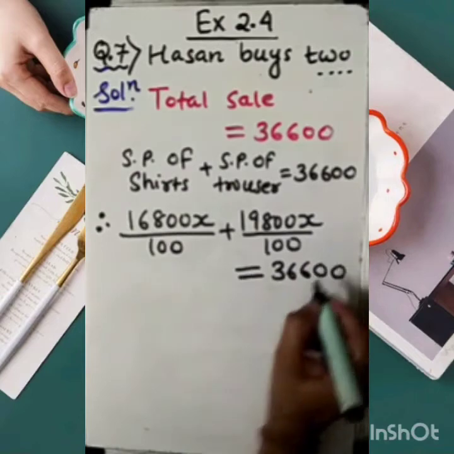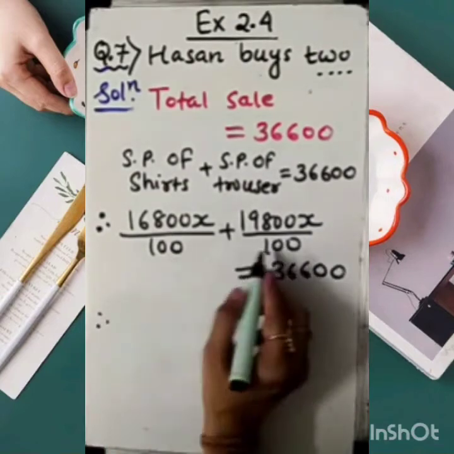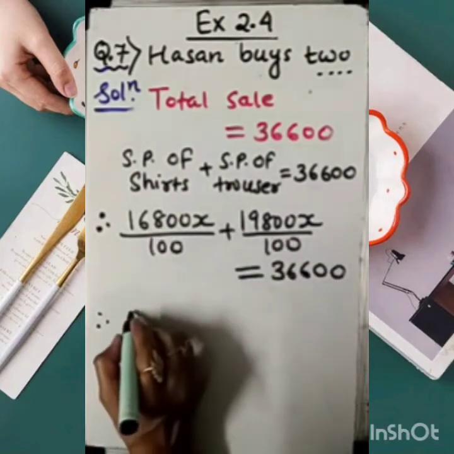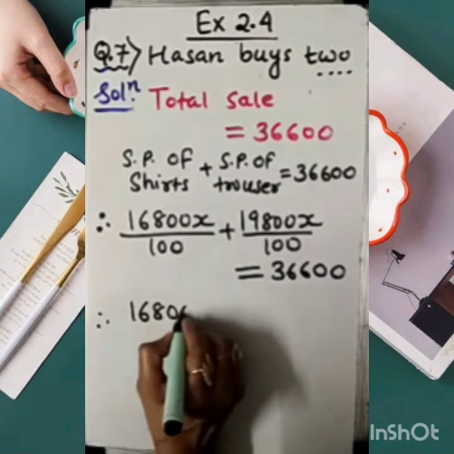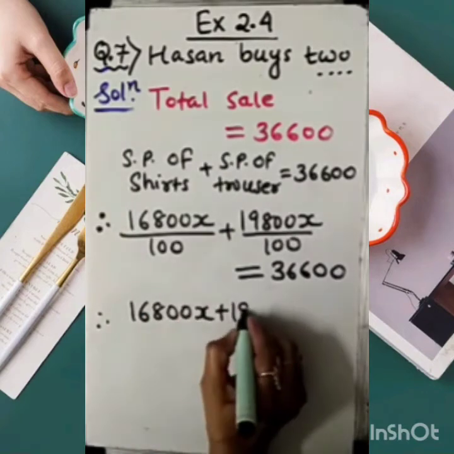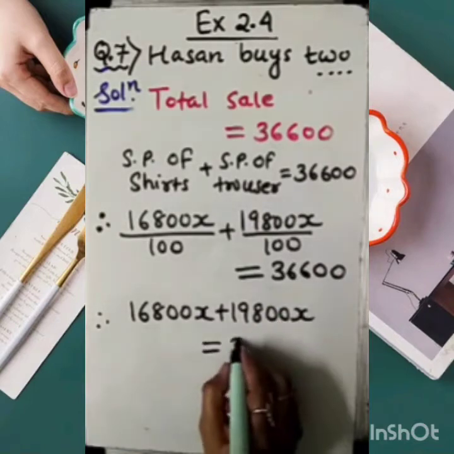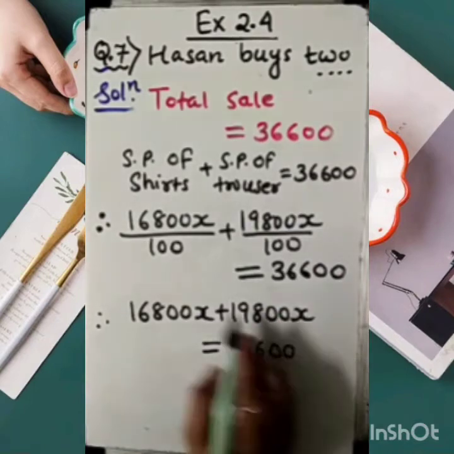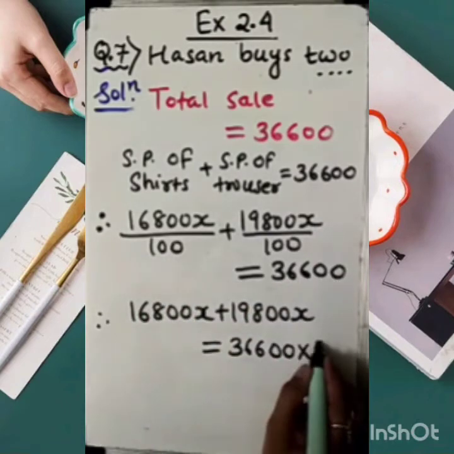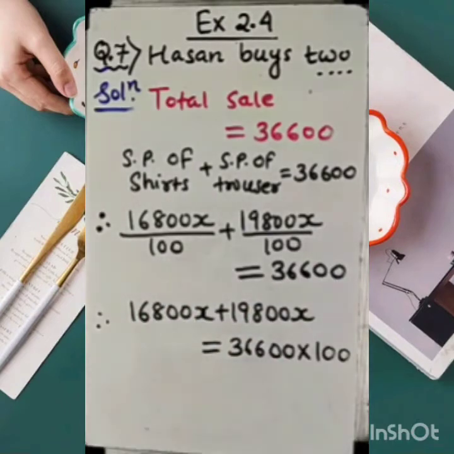As you can see here, the denominators are similar, so we need to add the numerators. So we have here this much as numerator. Let's add it in the end. This LCM 100 will be multiplied to the right side, that is cross multiplication.